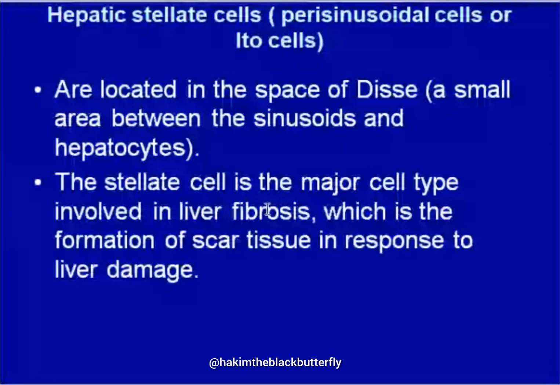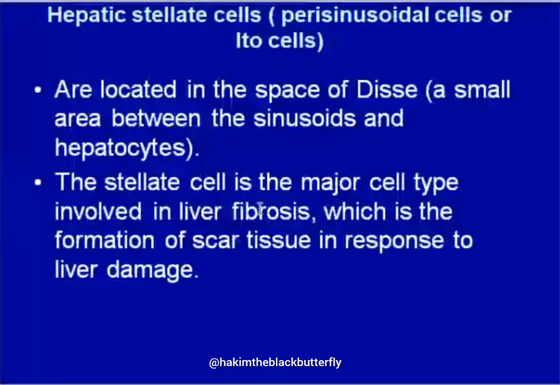It is because when the liver cells are damaged, they die off and are converted into fibrous tissue, which is the process known as fibrosis. So the hepatic stellate cells, which are located in the space of Disse, are involved in the conversion of damaged liver cells into scar tissue, a process known as liver fibrosis.